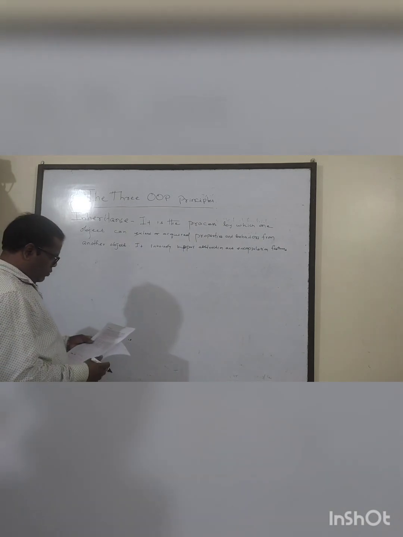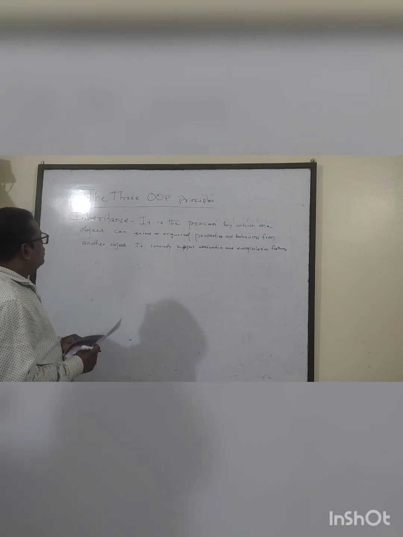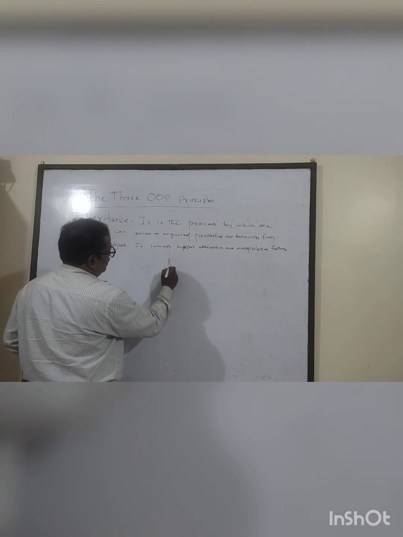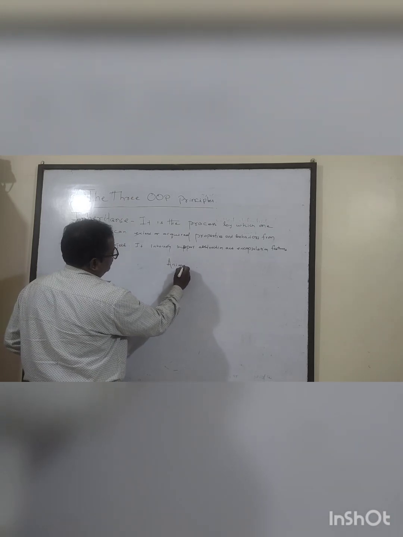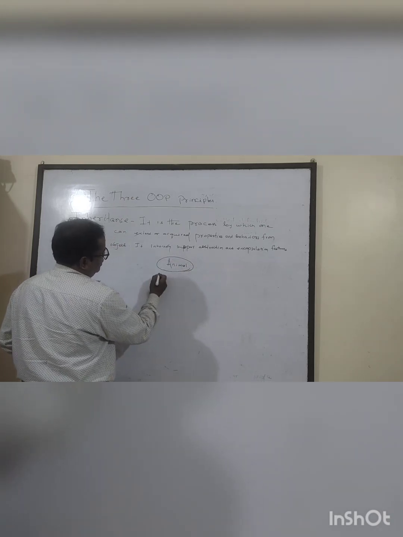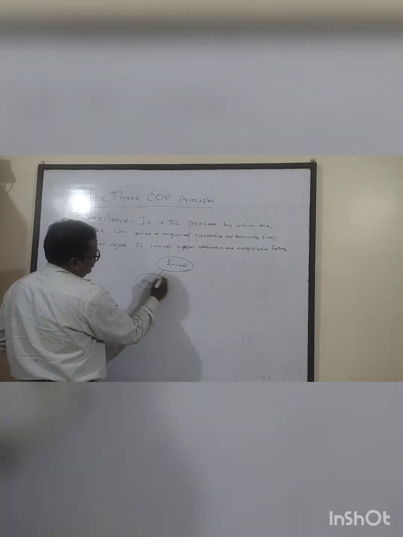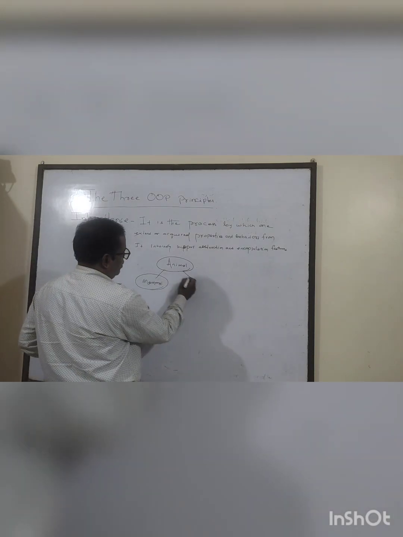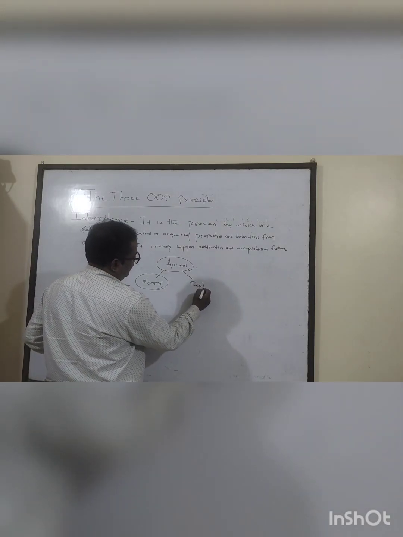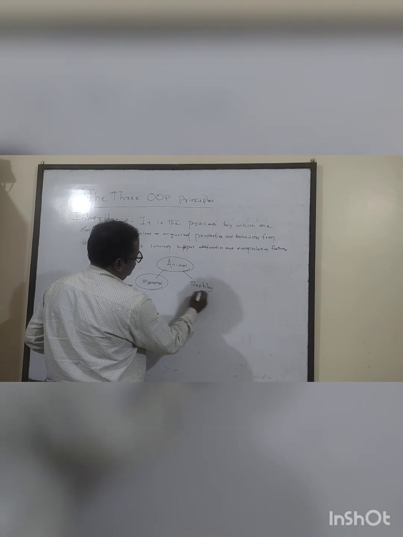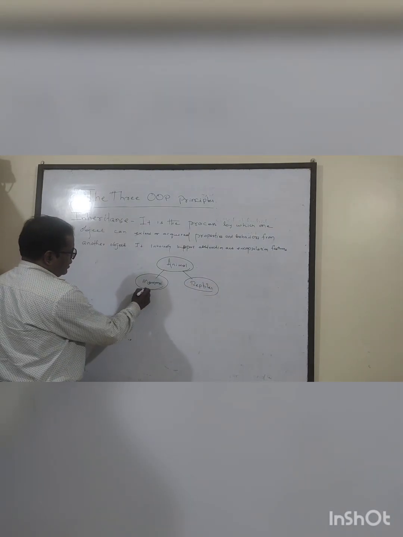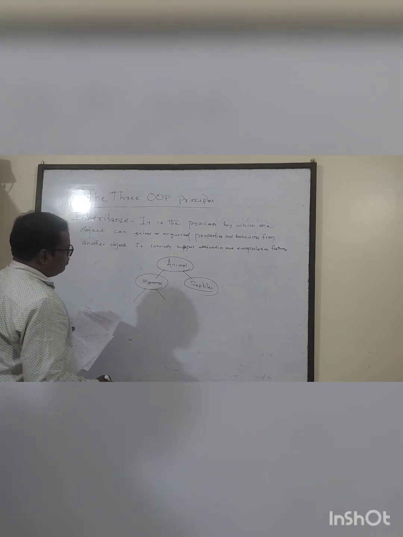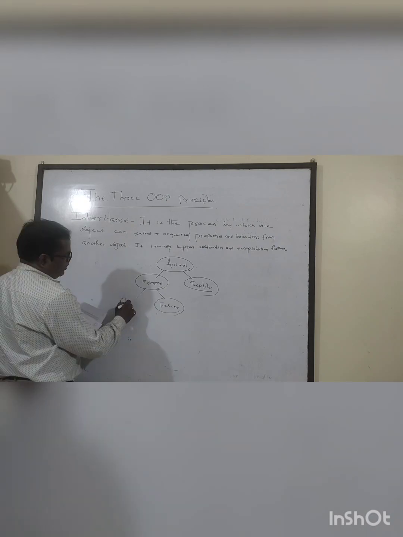So let us take an example, we can understand very easily. If you have an animal class, mammal is a type of animal, and even reptiles are also a type. Mammal could have two more families, such as the canine family.